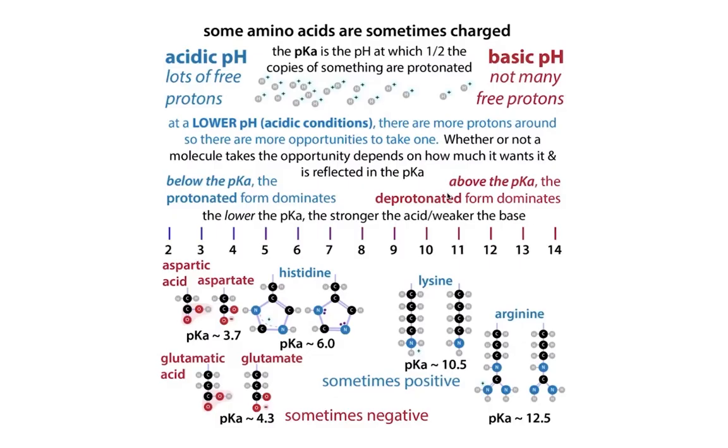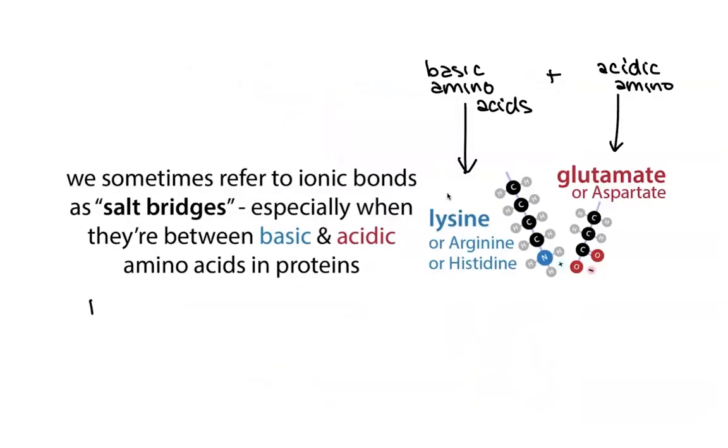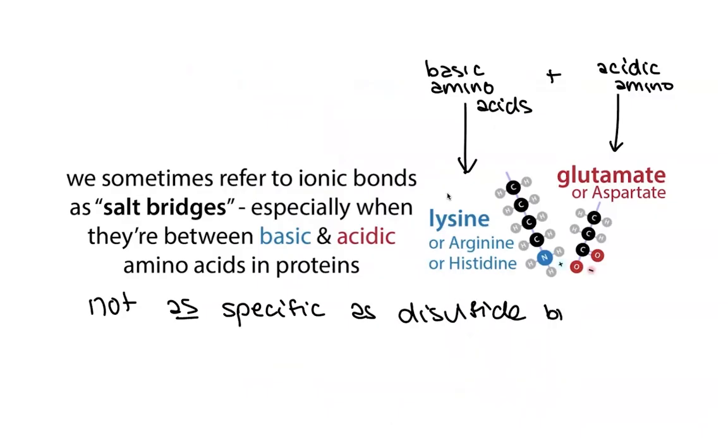Now, because there's only those few options for these charged ones, unless we're talking about something that's been phosphorylated, here there's going to be greater specificity. So not as specific as the cysteine disulfide, because there's more options and because they're more common than the sulfur, but more specific than other IMFs.